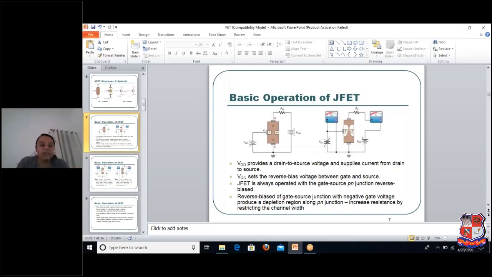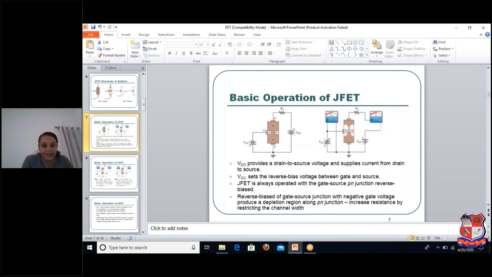So keep it in mind that BJT has two characteristics, input and output characteristics, right? And JFET has two characteristics, drain characteristics and transfer characteristics. First of all we read all these topics, then we will discuss the characteristics.